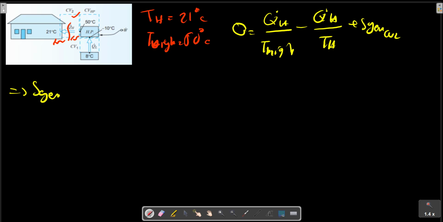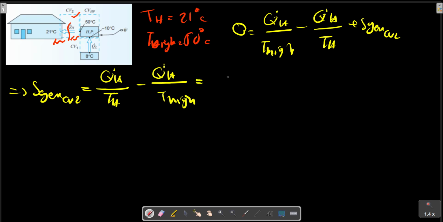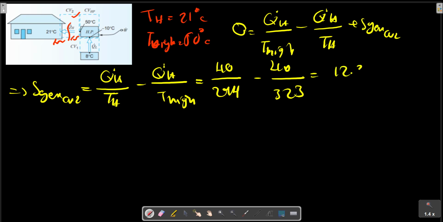S generation of control volume 2 is calculated as T high 50 degrees, and on Kelvin.